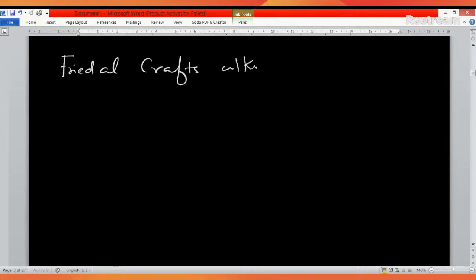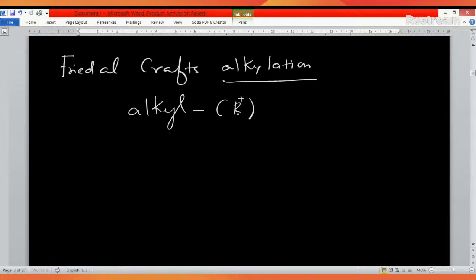Friedel-Crafts alkylation reaction as well as acylation. What is called alkylation? Alkylation is nothing but substitution of an alkyl group, to be introduced in the form of electrophile.